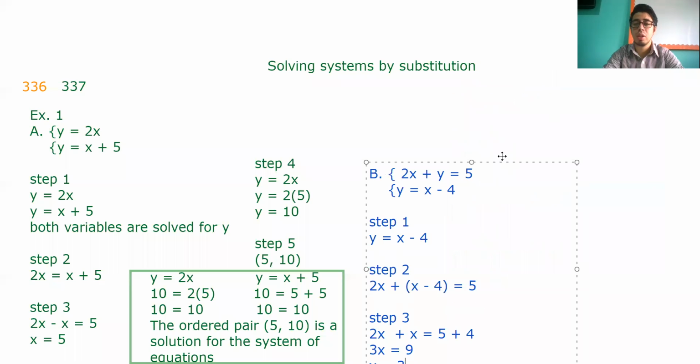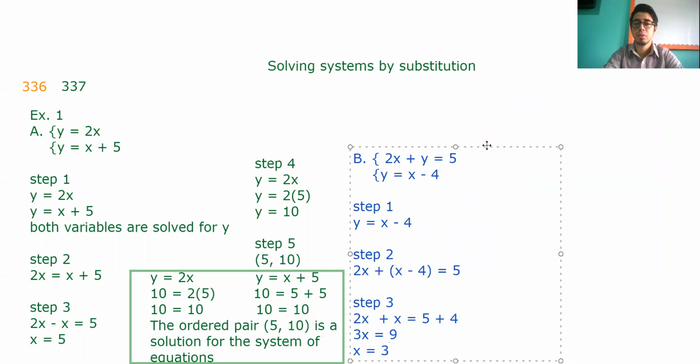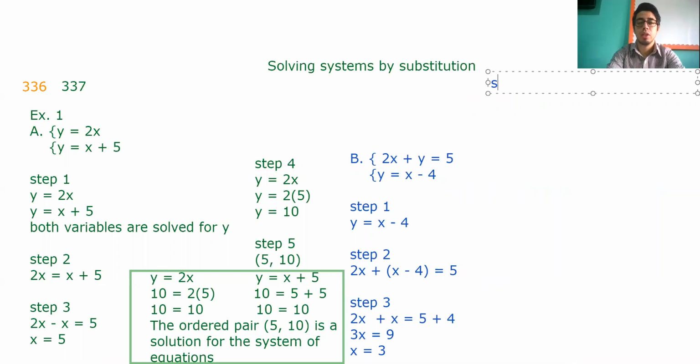So we already have that x is equal 3. Now we can go to step 4. I'm going to write this in here. In step 4, we already have the value for one variable, so I need to replace it to find the value for the other one. We are going to use x equal 3 to find the value for the other variable.